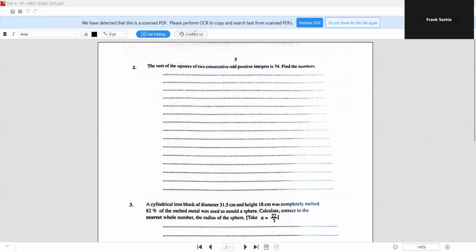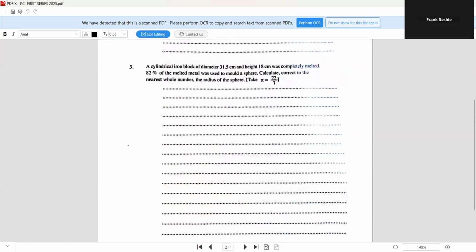Question number 3. A cylindrical iron block of diameter 31.5 centimeters and height 18 centimeters was completely melted. 82% of the melted metal was used to mold a sphere.